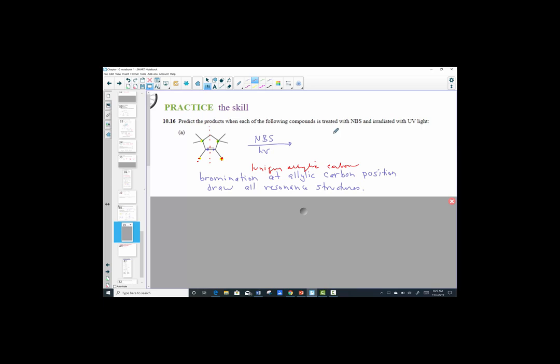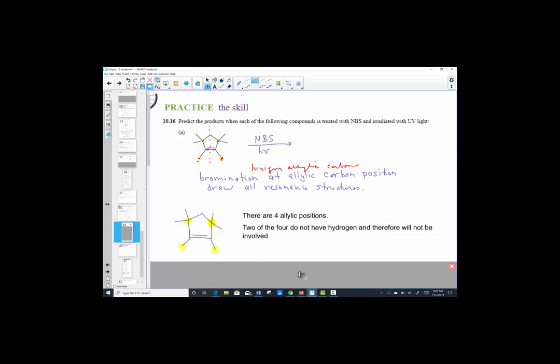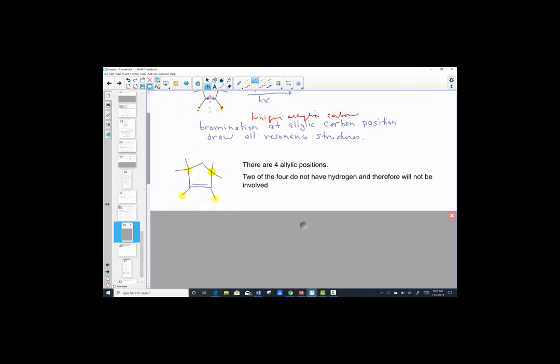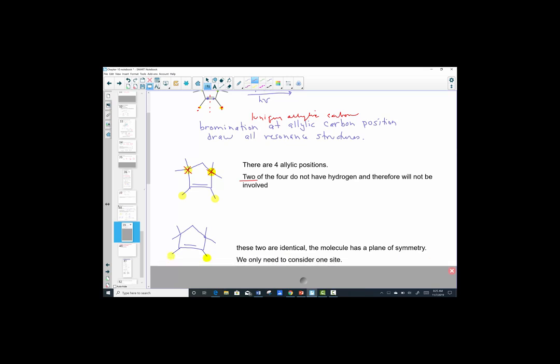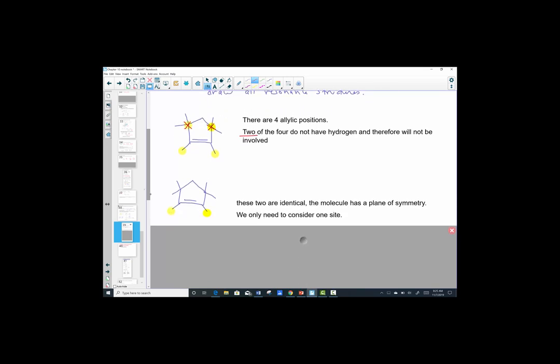So let's consider all the possible resonance structures. As we do that, we have found that there were 4 allylic positions. Of the 4, we eliminated these 2 because there's no hydrogen, leaving us the bottom 2, which we then decided were mirror images. So we only have to consider one site between both of these allylic carbons because there's a plane of symmetry.